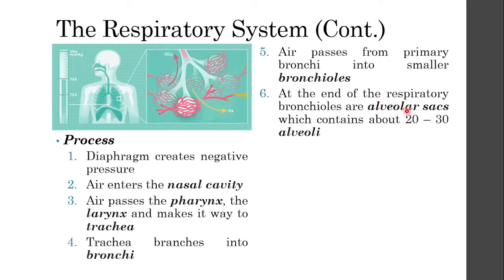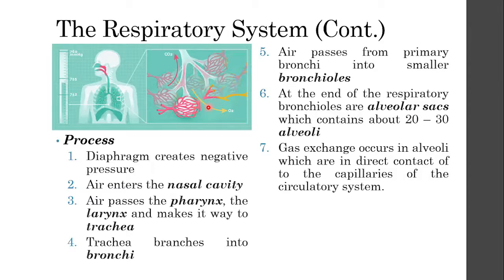The alveolar sacs is an area at the terminal of our bronchioles which contains about 20 to 30 alveoli. Alveoli are these small structures right here, and all of them are found inside an alveolar sac. And these alveoli are actually covered with capillaries, no? And this is where the gas exchange happens. These alveoli are in direct contact with the capillaries of our circulatory system.